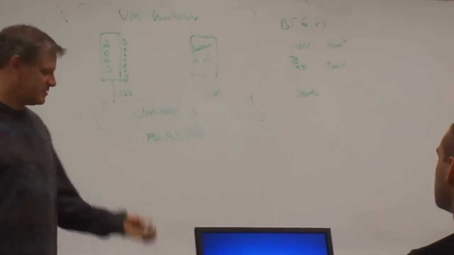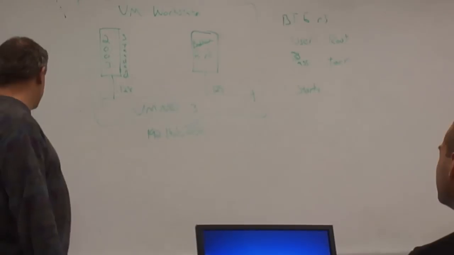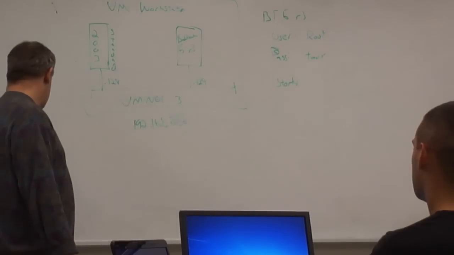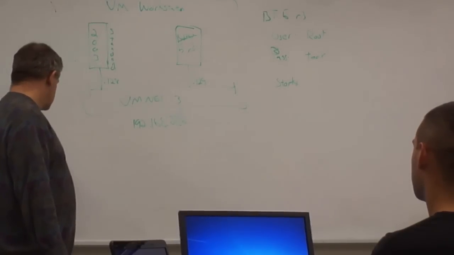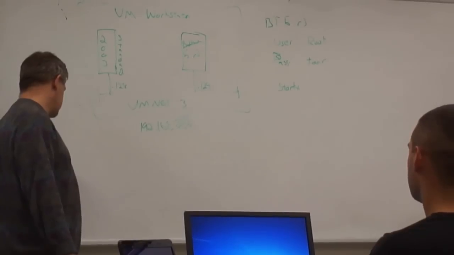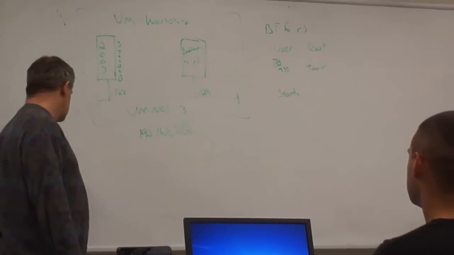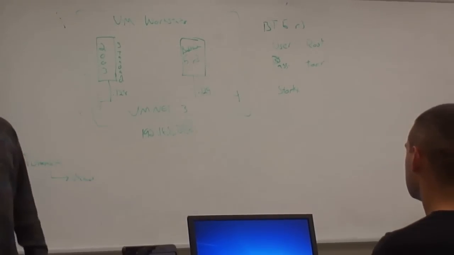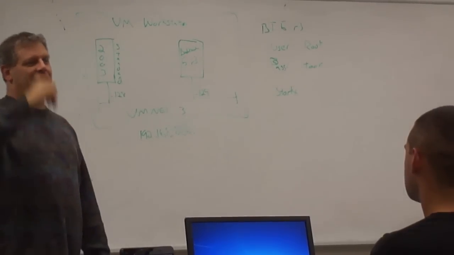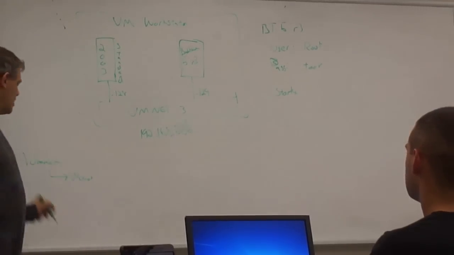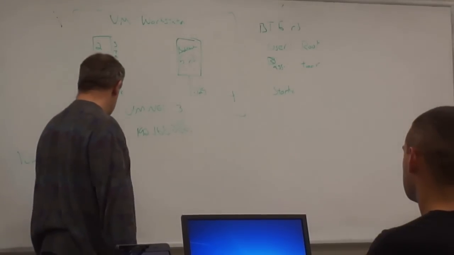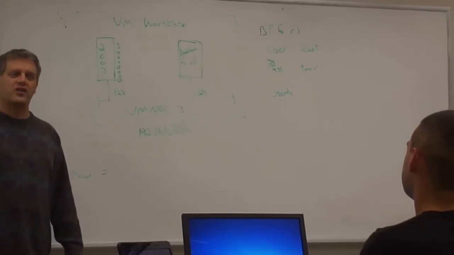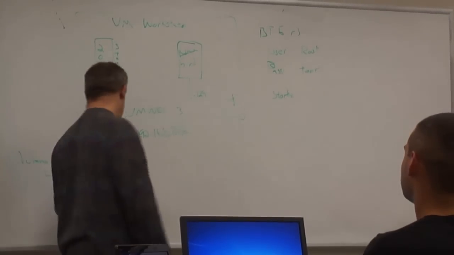Vulnerabilities. Okay. What is a vulnerability? A vulnerability is a weakness that can potentially be exploited. Okay, not potentially. It's a vulnerability that can be exploited. That then equals what? No, a threat.